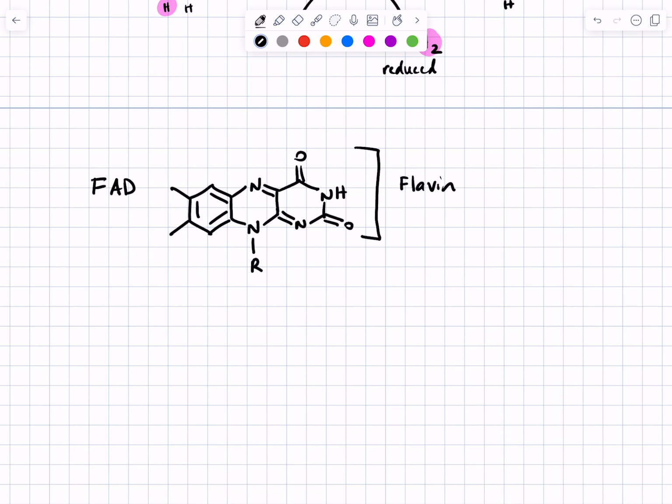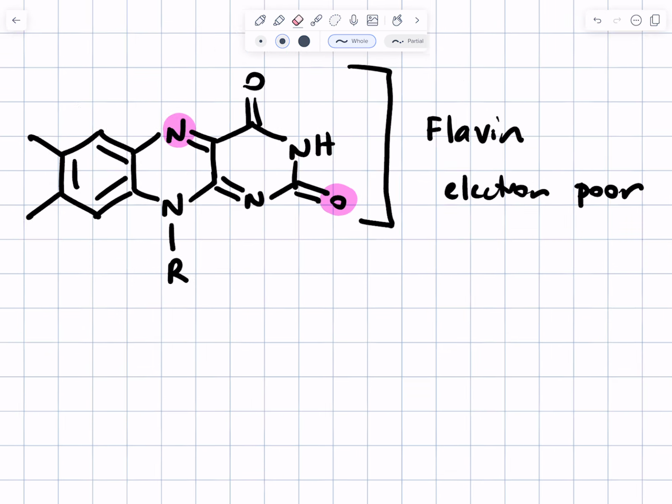Okay? Now, it's not as immediately apparent looking at flavin as it was for nicotinamide why this is a good oxidizing agent. You would expect it to be electron poor, and it is, but it's not immediately obvious. And to see that it's electron poor, you would need to notice that this nitrogen is conjugated with that carbonyl oxygen. I'm just going to briefly point that out by erasing some pi bonds.